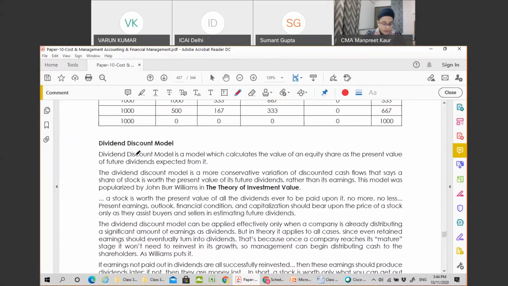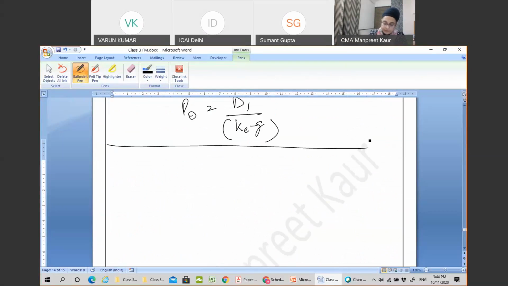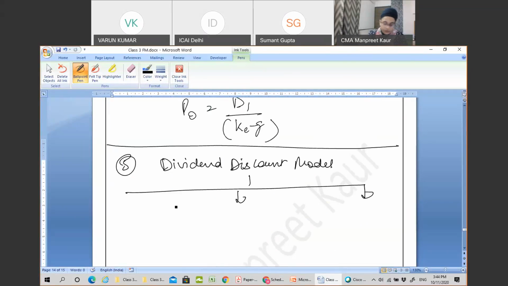Next is the dividend discount model. There are three types of dividend discount model.